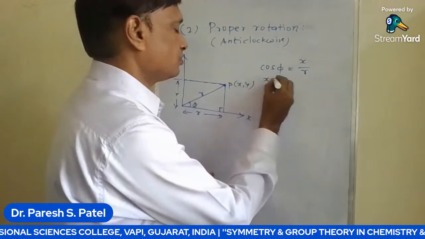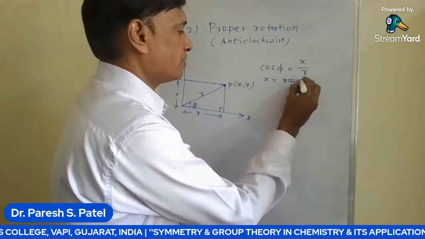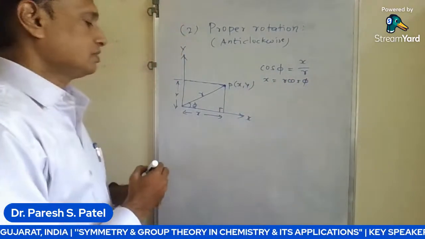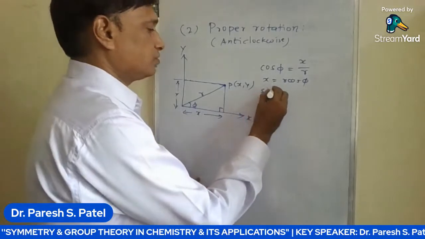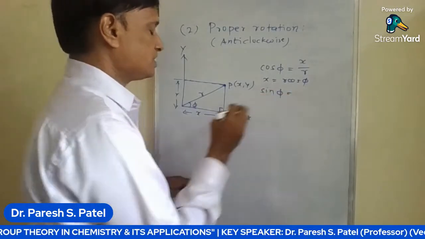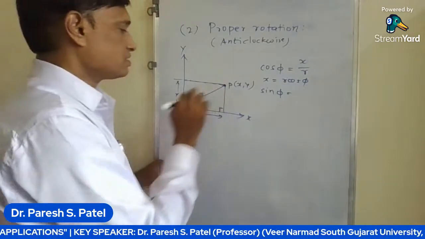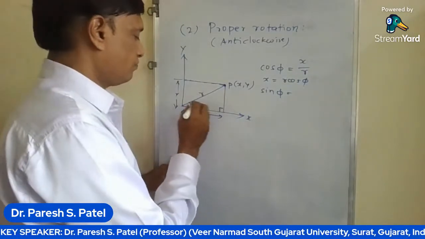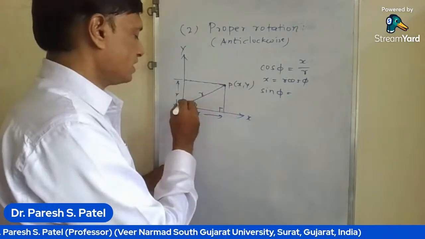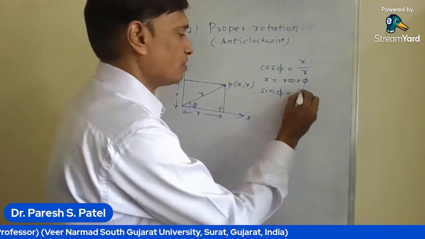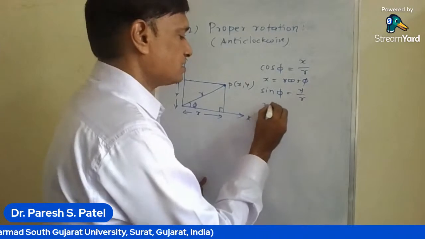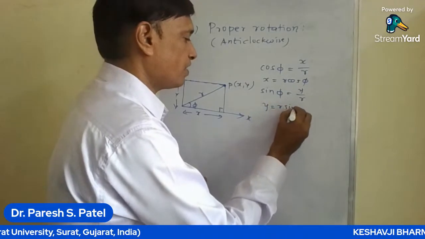So x is equal to r cos phi. Sin phi is equal to opposite side divided by hypotenuse, so y divided by r. So y is equal to r sin phi.